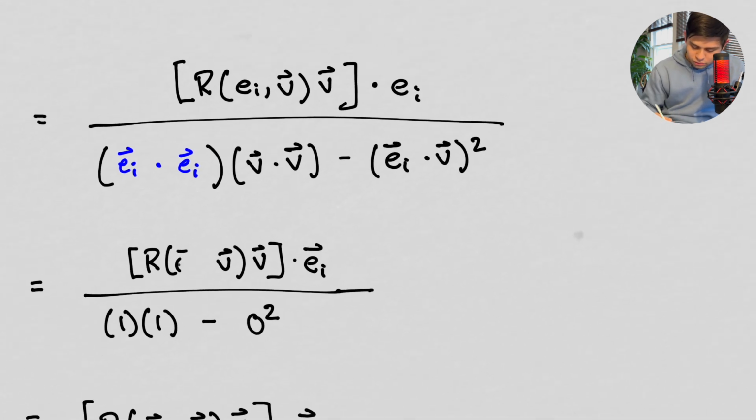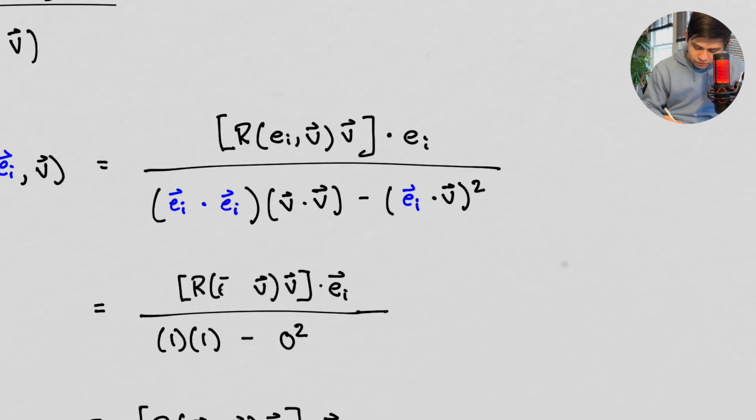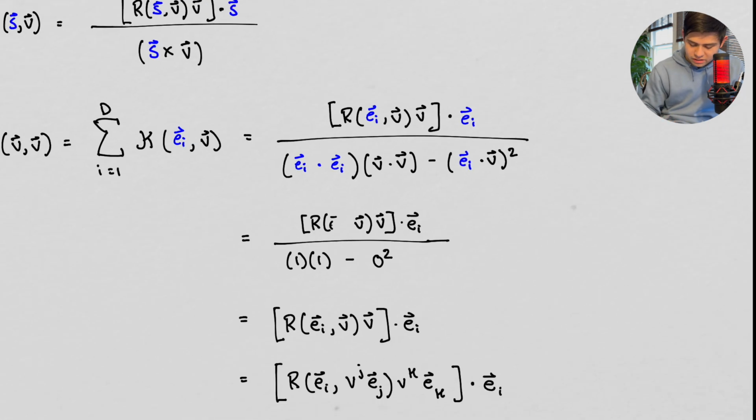I have to change this one to blue also, e^i, like that. And then we have to do it up here also, right? So we're just changing S for e^i. This is a basis vector, right? So nothing's really changed. We're just identifying it as a basis vector.